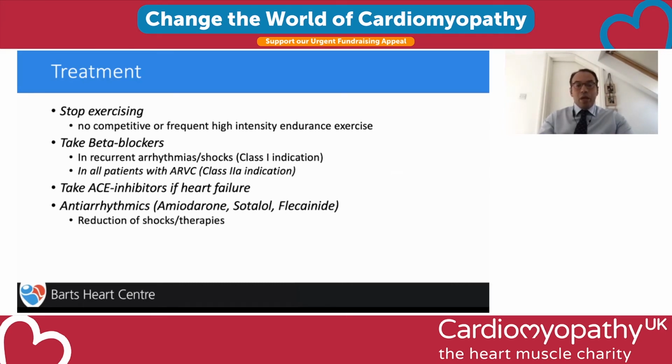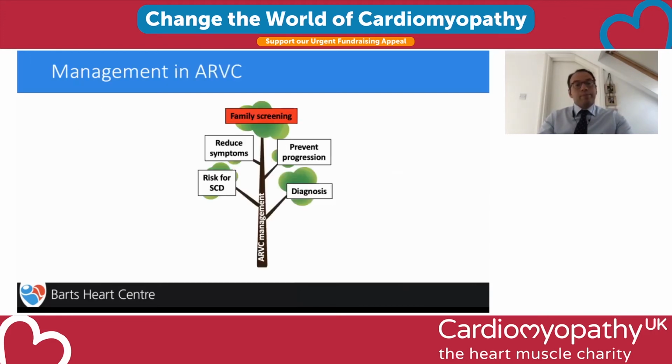The antiarrhythmics may have a significant role in a significant number of patients, both to reduce the arrhythmias and the shocks and therapies of the defibrillator. And in some patients who cannot be controlled with antiarrhythmics, catheter ablation may have a significant role.